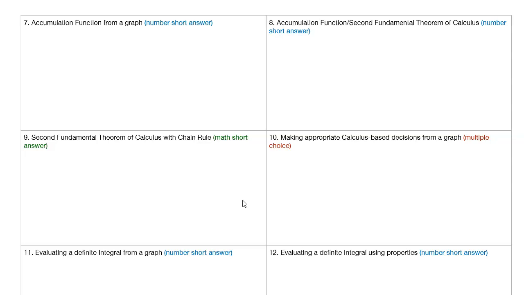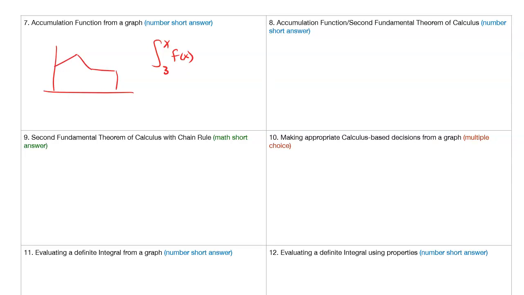Number 7 is awfully similar to number 1. The main difference is when you're talking about this accumulation function, you're actually going to have an accumulation function. So, this will say the integral from 3 to x, and the function itself is the picture, right? So the picture part would be the same.